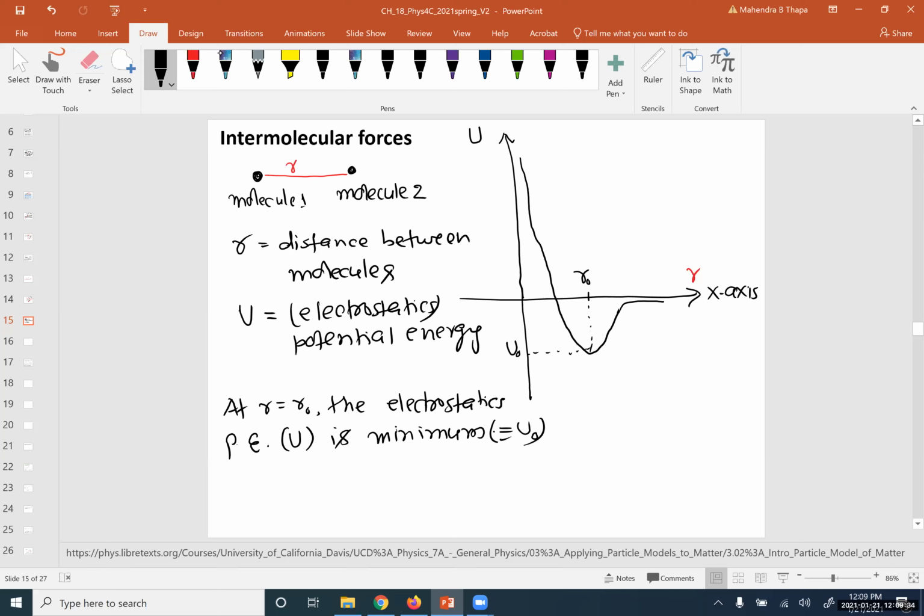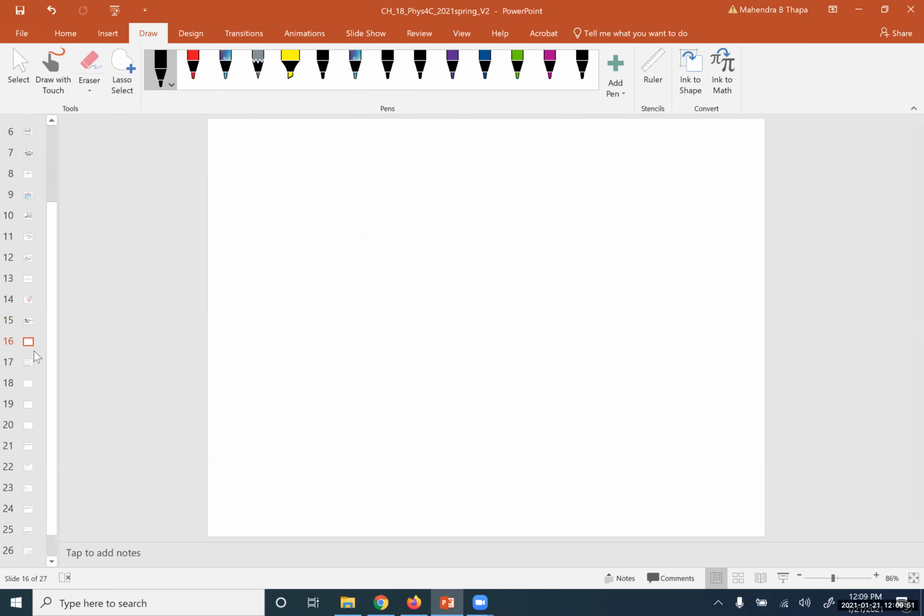When you move towards the left, meaning a smaller value of r, the potential energy increases sharply. So let's draw the other plot of force and r.